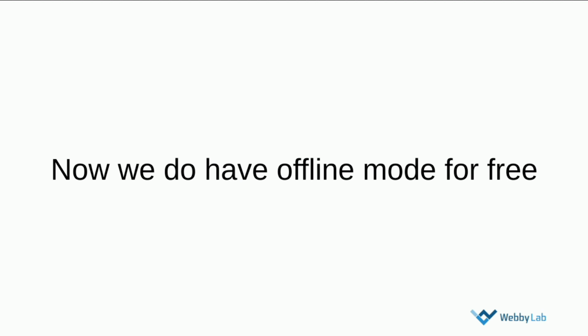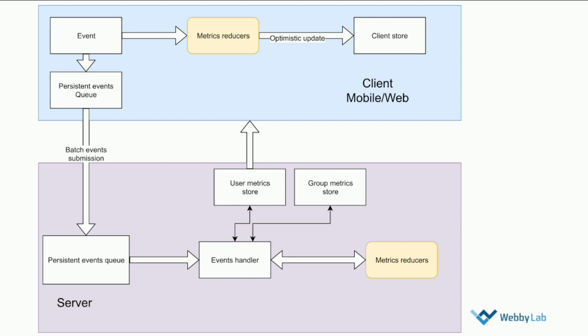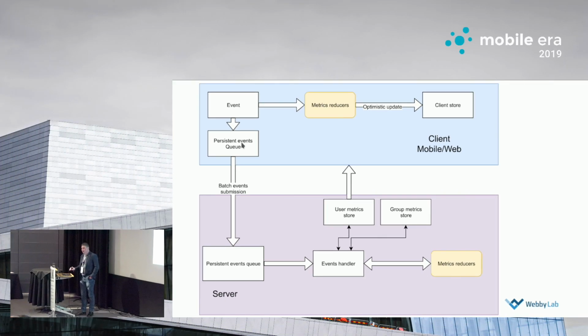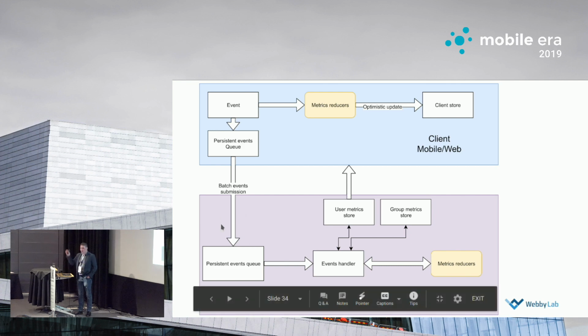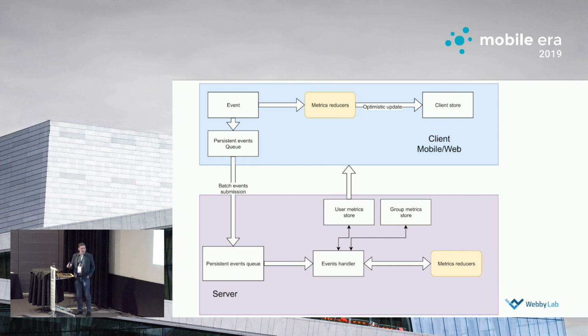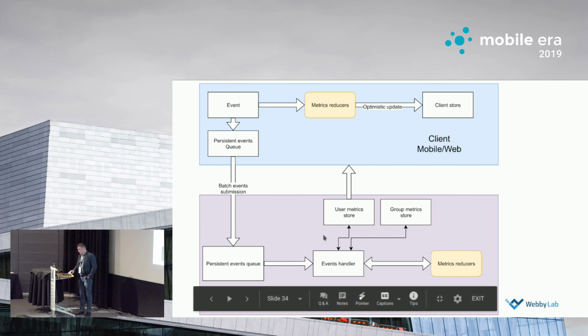We need to do nothing to have an offline mode which supports everything, because everything we do will be persisted in this event queue. The only thing we need is one endpoint on our backend to get these events, and that's it. This will work for any type of application, not only React Native, but native too. Sure, for native you cannot reuse reducers, but you will have handlers on your server side, and it will work.